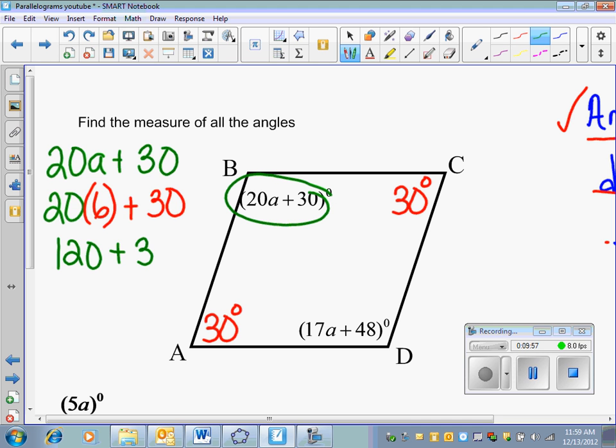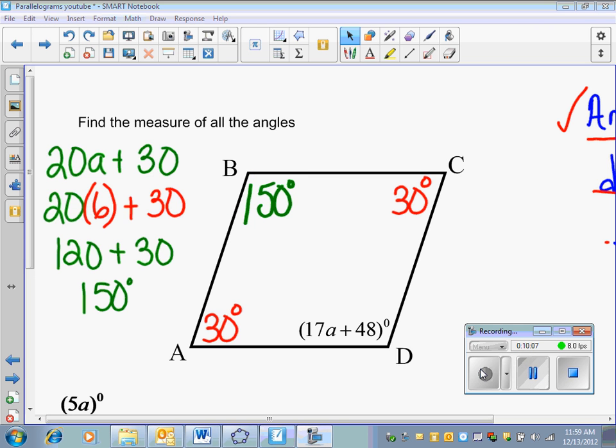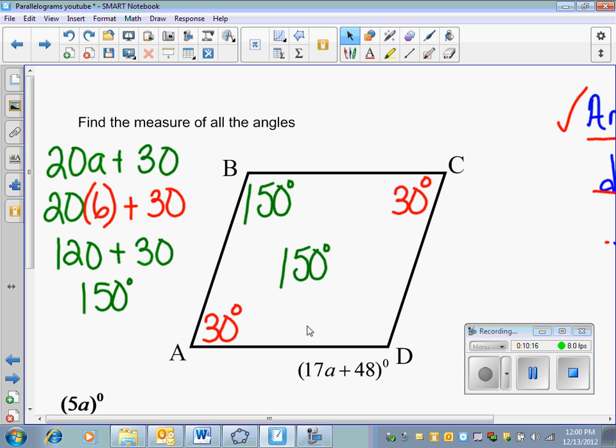It's 120 plus 30 for a total of 150 degrees. So therefore, angle B is 150 degrees. So what else can we conclude? If angle B is 150 degrees, we can conclude that angle D is 150 degrees.